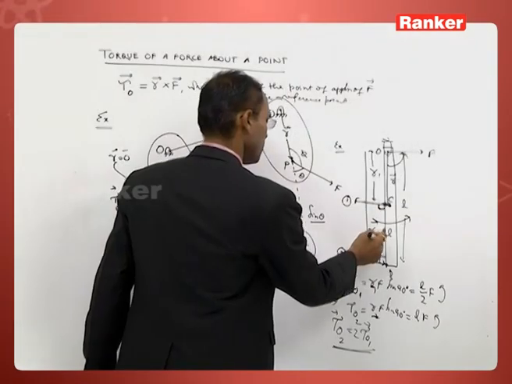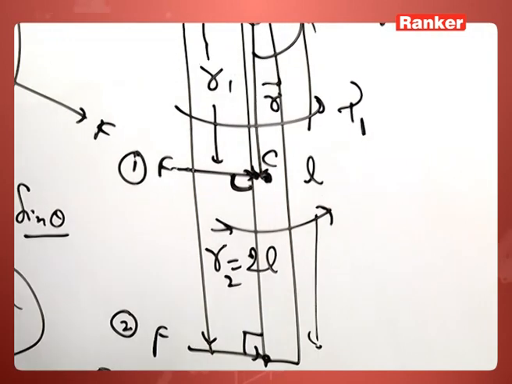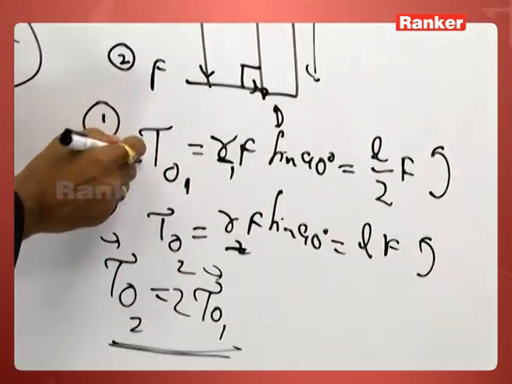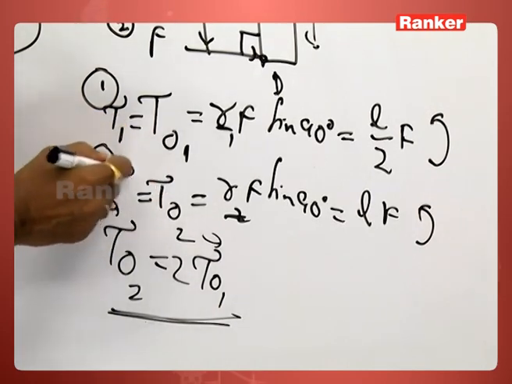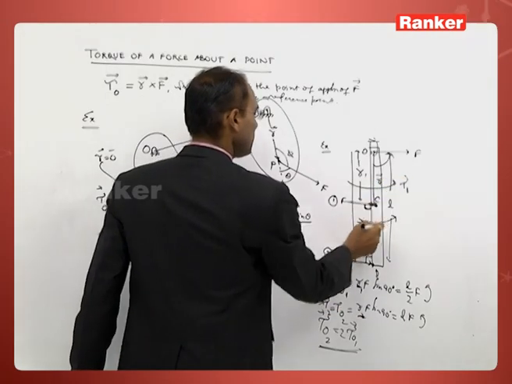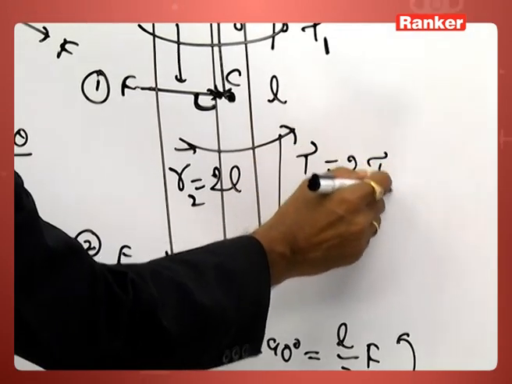This torque is tau 1, or if you don't like this term, you write tau 2. It's tau 1 and this is tau 2, and tau 2 is equal to twice tau 1.